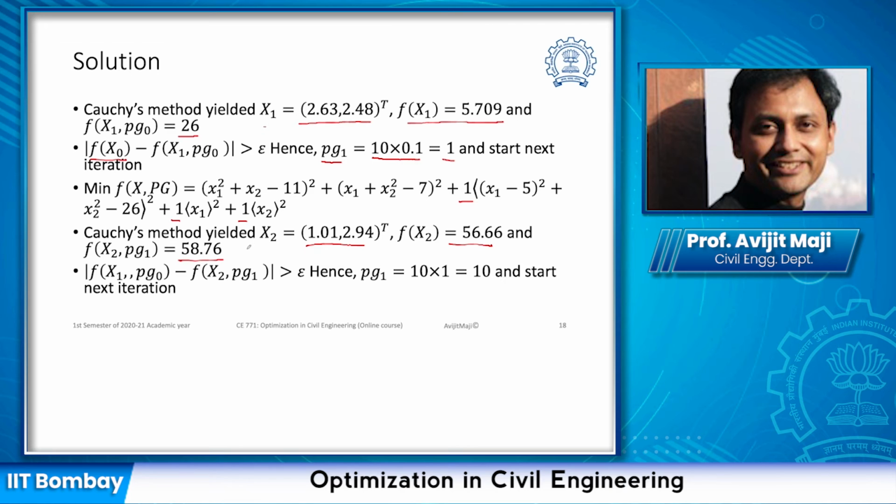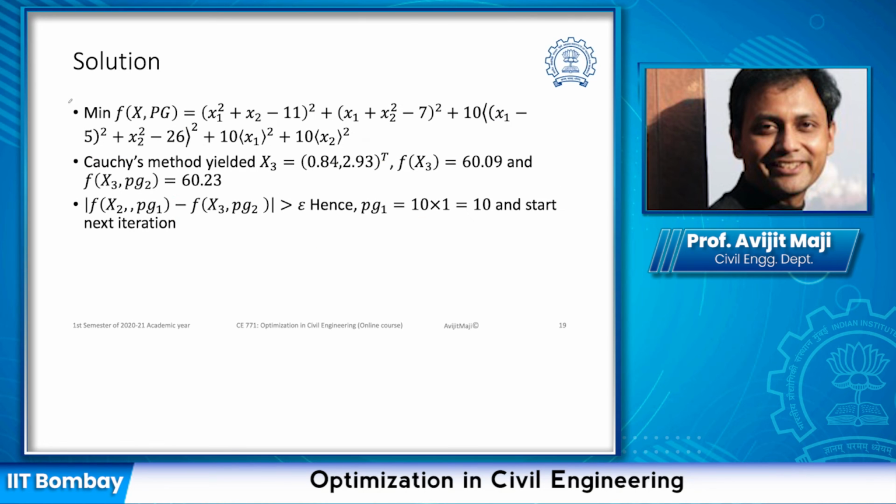If you look into the constraint, you will see that it is still violated, and the change is significant. Hence we need to further increase the penalty parameter, so we are again multiplying by 10, and now the penalty parameter is going to be this, and we'll start our next iteration.